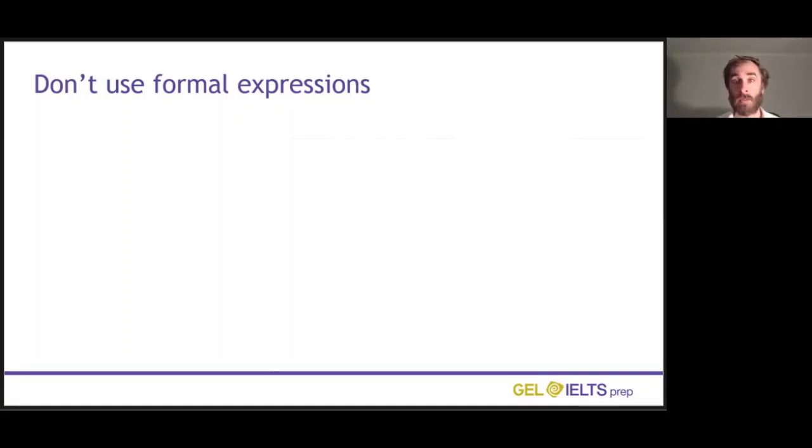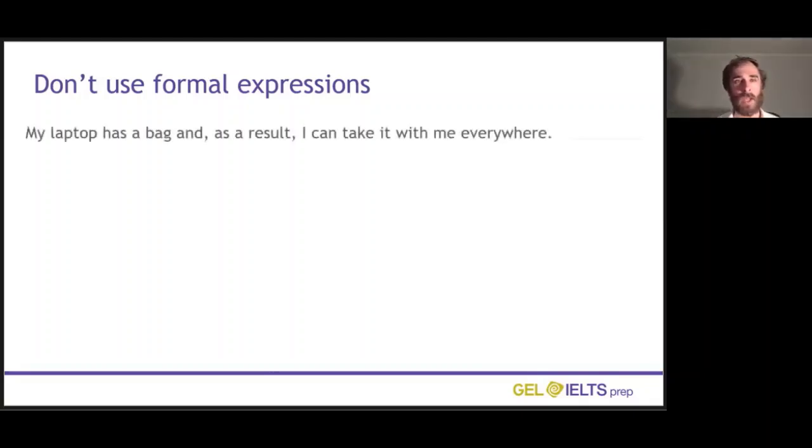We're going to look at some examples of formal expressions and see if we can think of more informal equivalents. My laptop has a bag, and as a result, I can take it with me everywhere. Let's focus on the expression as a result. Can we think of a synonym which is less formal or informal for as a result?